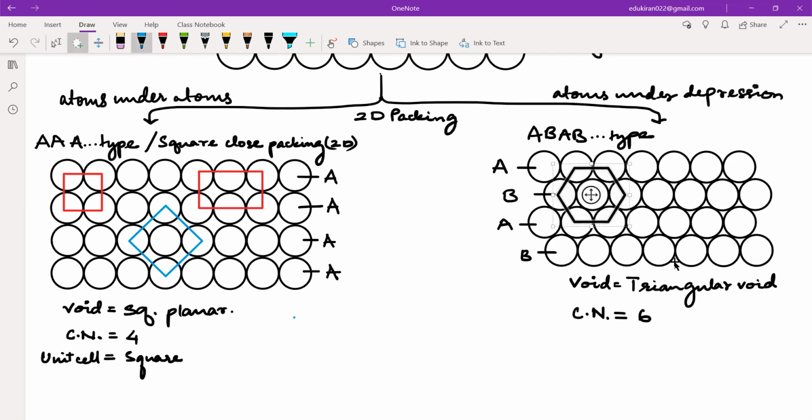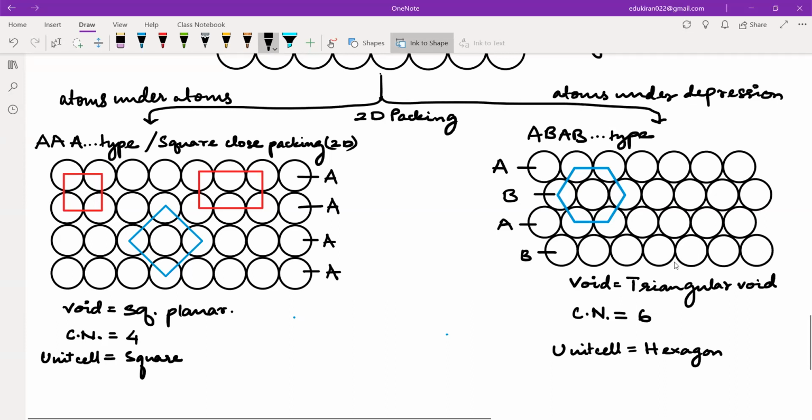Okay, so this is my unit cell. As you can see, the unit cell in this case is a hexagon, right?